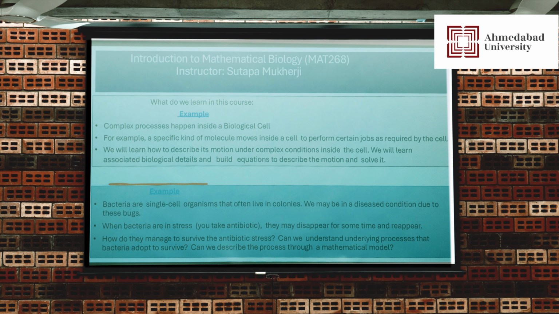Another example could be like this. We know that bacteria are single cell organisms that often live in colonies. So we may be in a diseased condition if we are infected by certain types of bacteria. So when you are infected, you typically take antibiotics, and at that point the bacteria will encounter environmental stress because of the antibiotic.